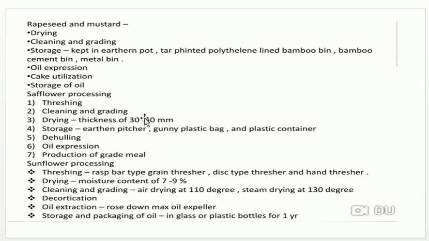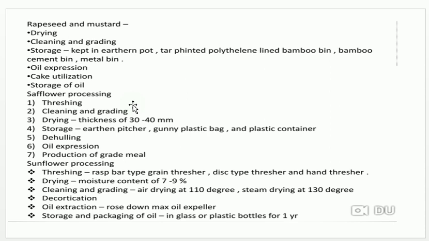In this sunflower processing, the following operations are generally carried out. Threshing is generally carried out by a rasp bar type grain thresher, disc type thresher, or hand thresher. After that, drying at moisture content level of 7 to 9%. After the cleaning and grading, air drying at a temperature of 110 degrees centigrade.